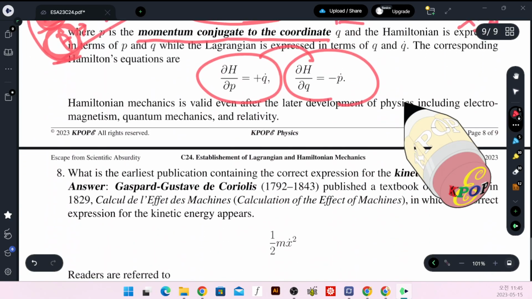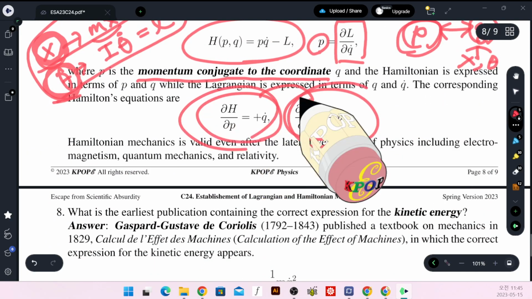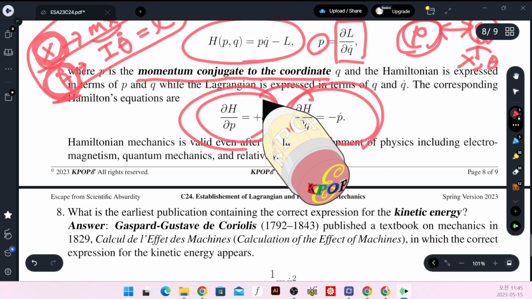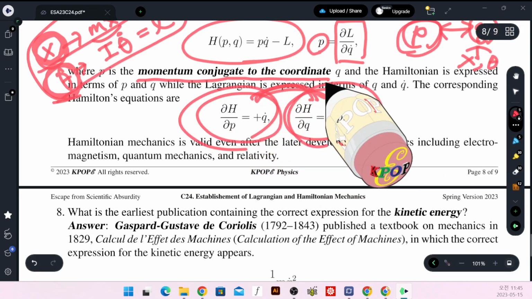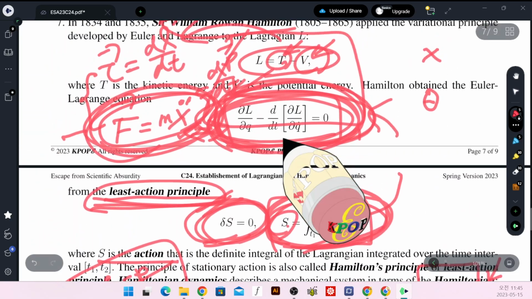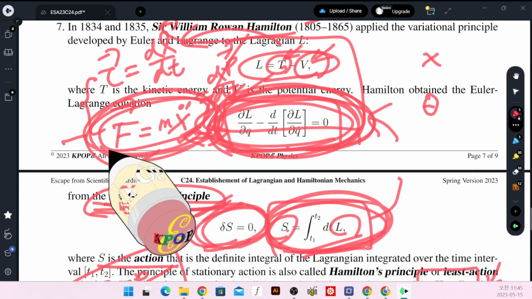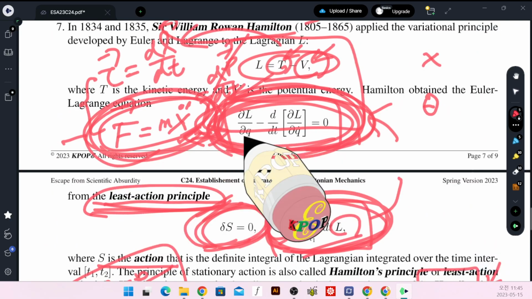And Hamilton found that they are decoupled into two first order equations, and when you couple them, you can reconstruct the whole equation of motion originally developed by Newton or Euler and Lagrange.